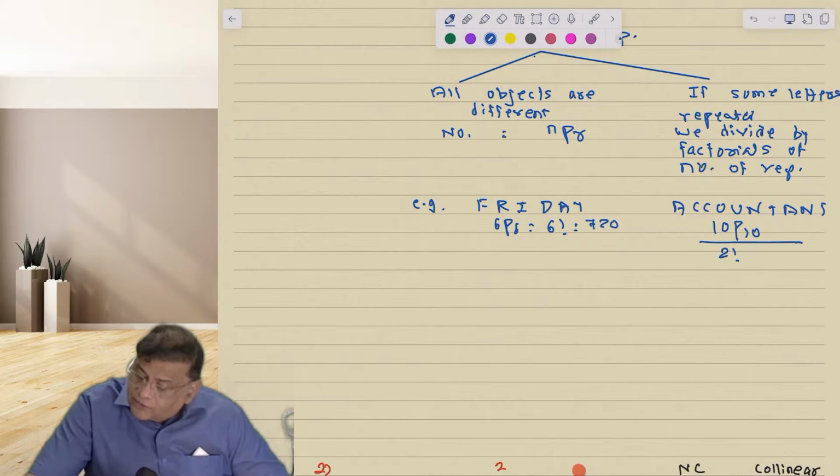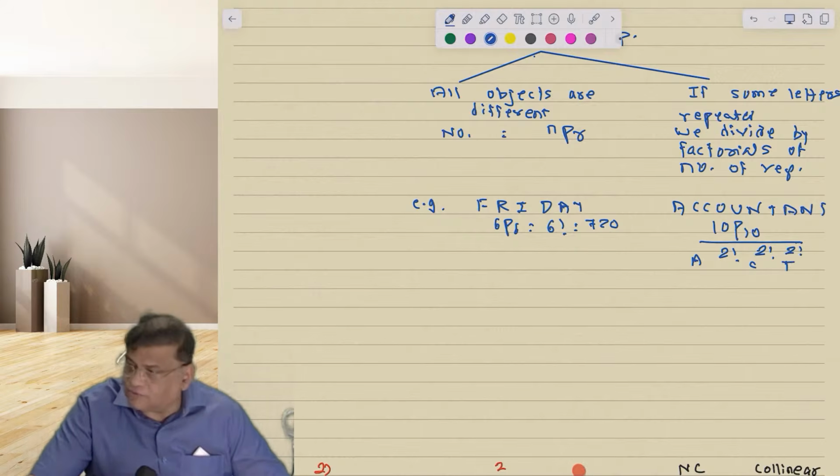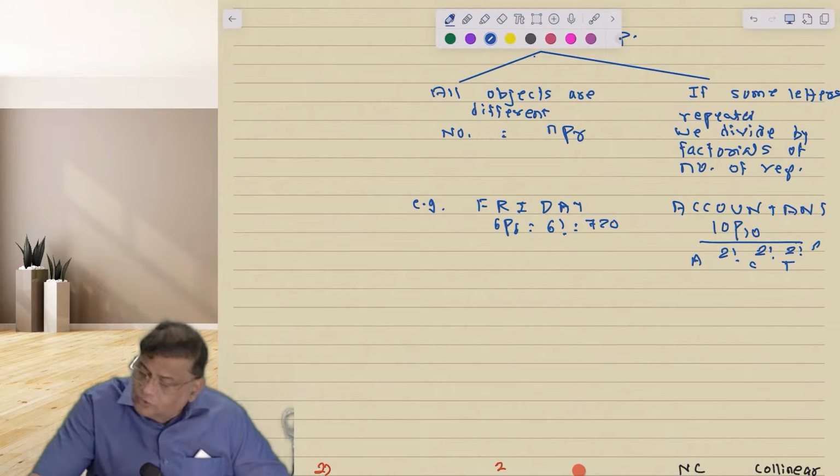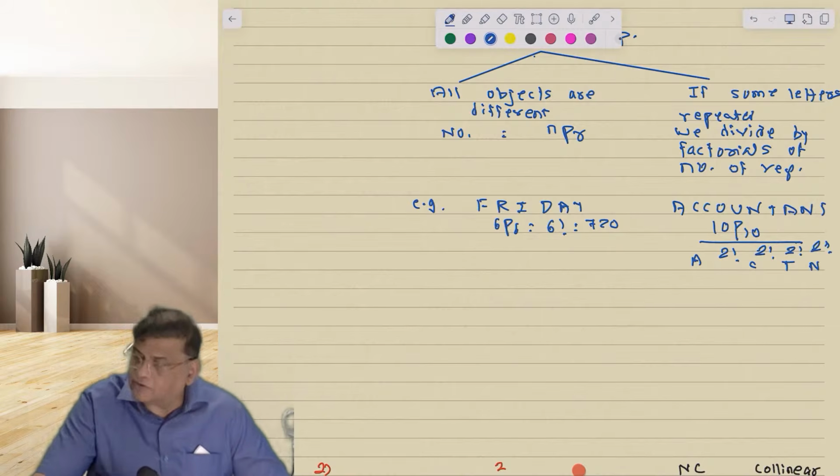2 factorial because A occurs twice, 2 factorial because C occurs twice, another 2 factorial because T occurs twice, and 2 factorial because N occurs twice.